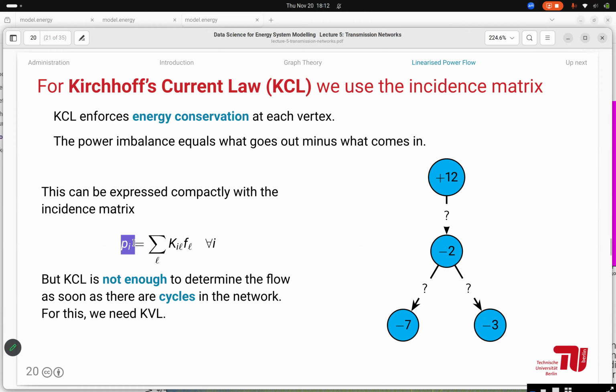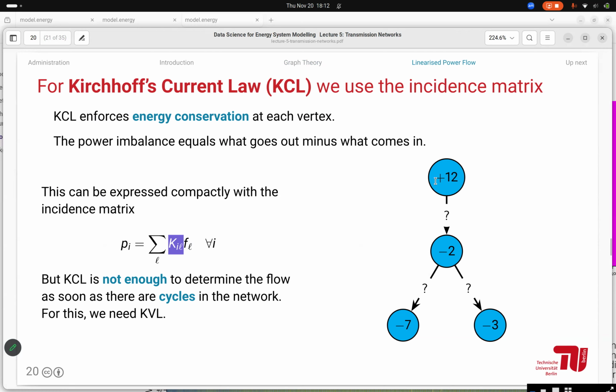So if Pi is positive, you have some injection into the network, and that should have the same orientation in this equation as some import from some other region. For that, we sum up over all the lines that are connected to this particular node I and add up the flows. So remember, there's this -1 value here for every node that is at the receiving end.